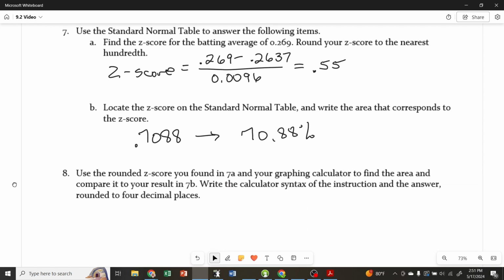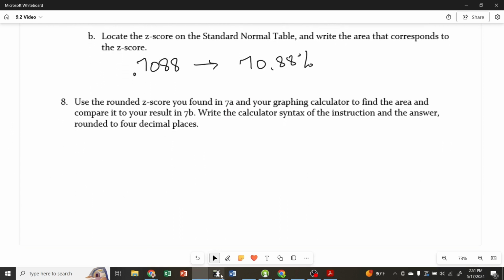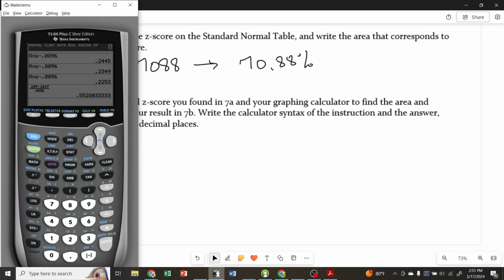Let's take a look at the calculator and do the same work. We go to the stat button, go to tests, and here's the z-test. Since we already have the stats, we're going to input this. This symbol is called mu, the mean, which is 0.2637.